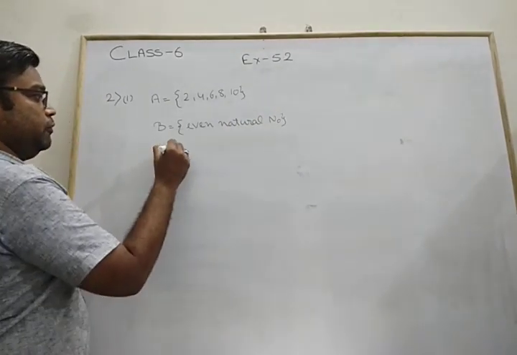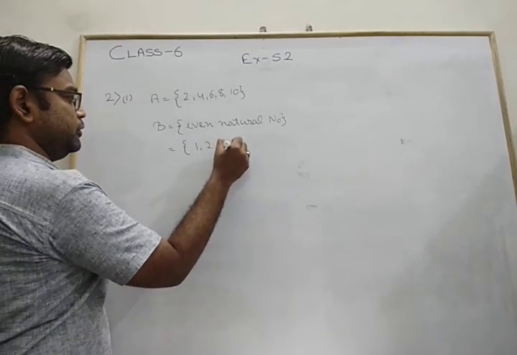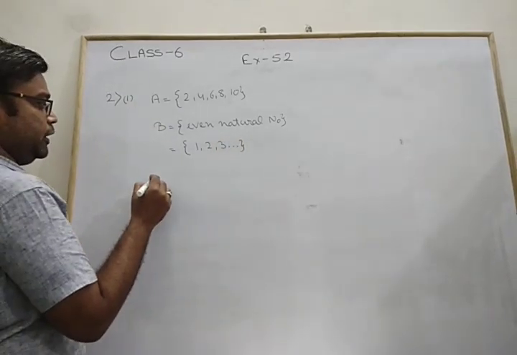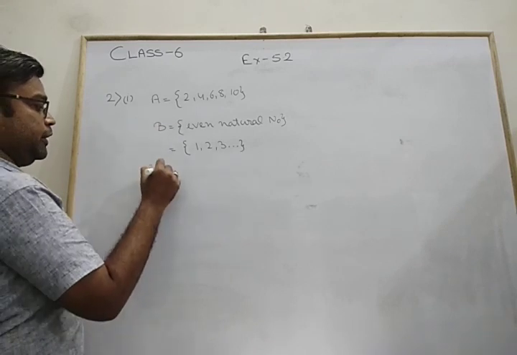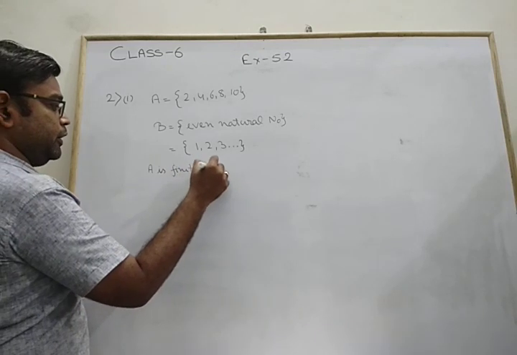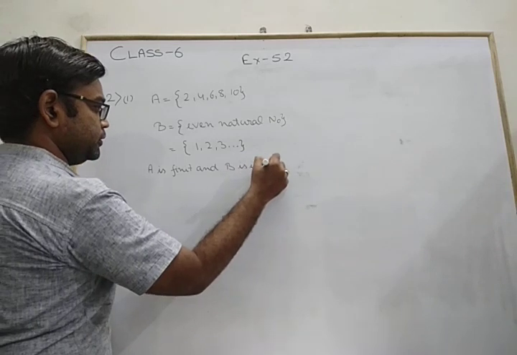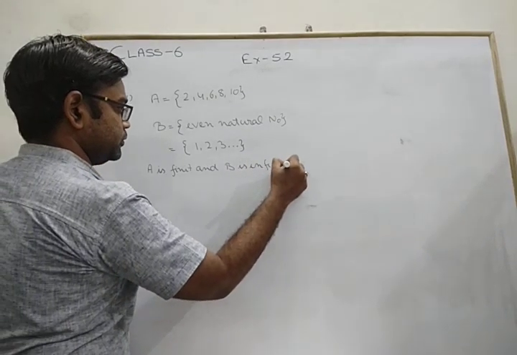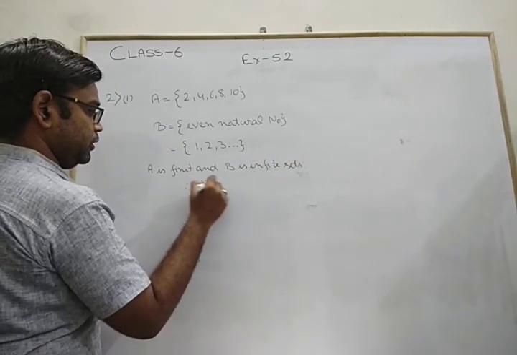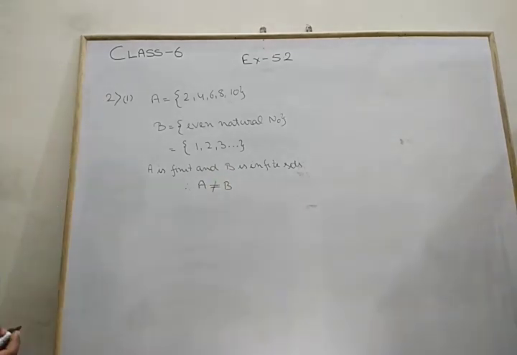So you can write natural numbers 1, 2, 3, then dots up to infinity. So from this we can say that A is finite and B is an infinite set. Therefore, A is not equal to B.